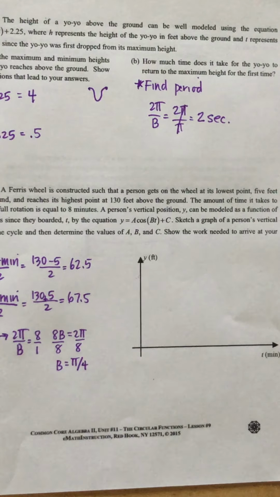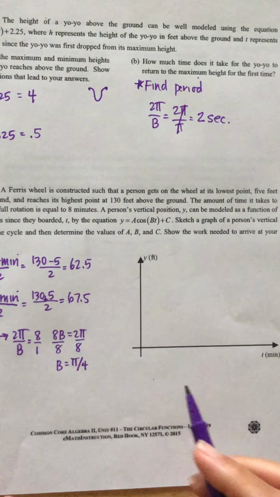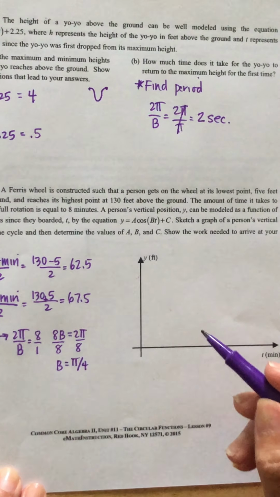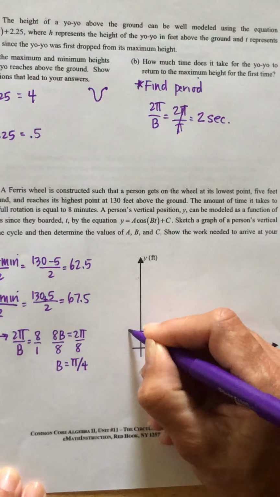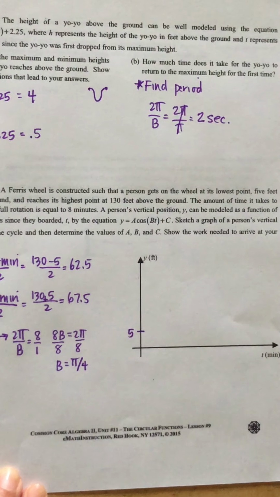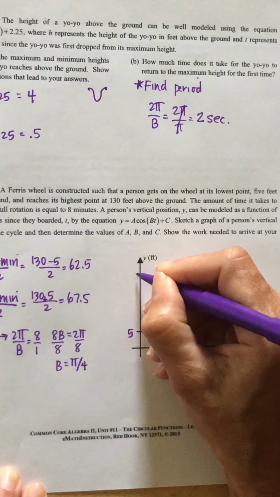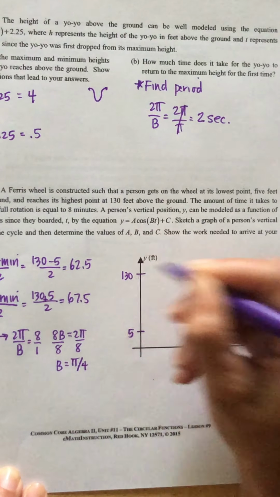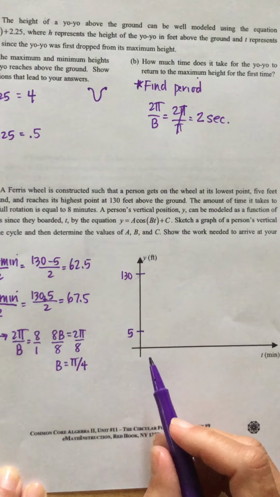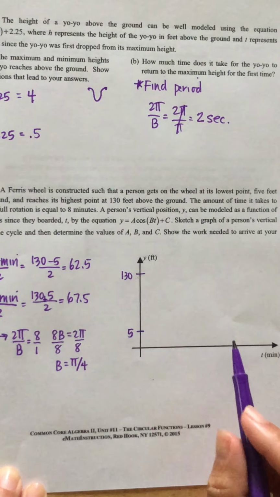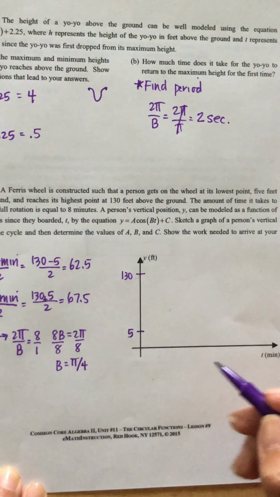All right, so that's all our interesting information for writing the equation. We'll get back to that. Let's first talk about what's going on here. We know that we have a low point of 5. We have a high point of 130. We know that it takes 8 minutes to make a full rotation. We want to sketch one cycle.